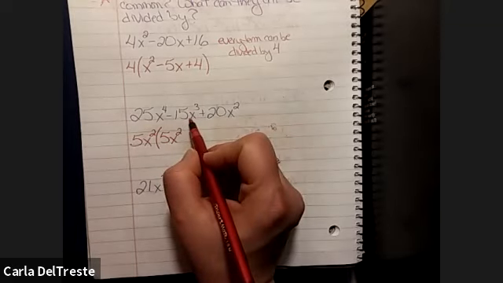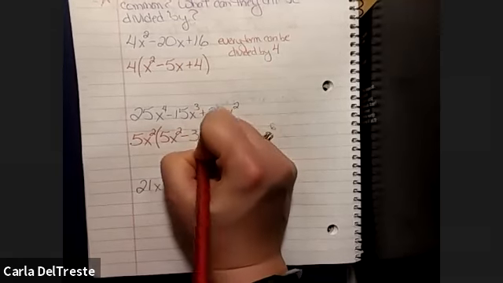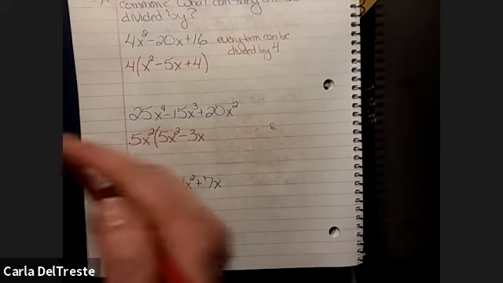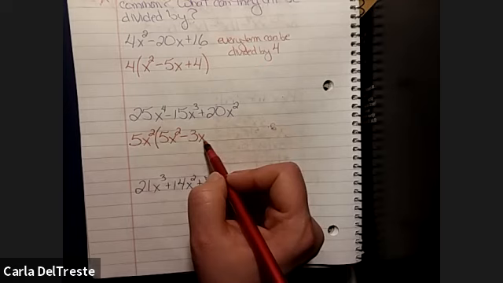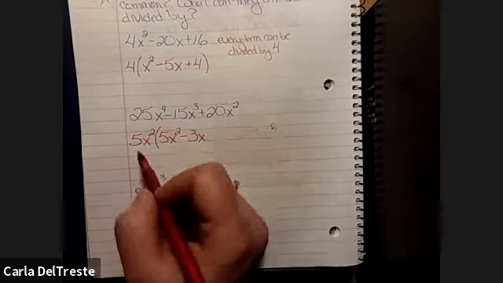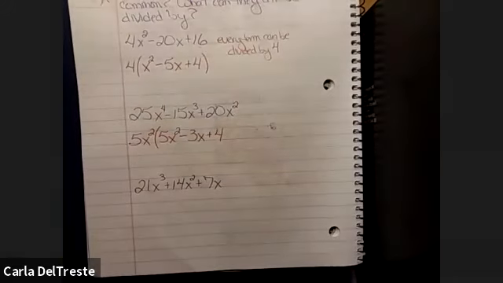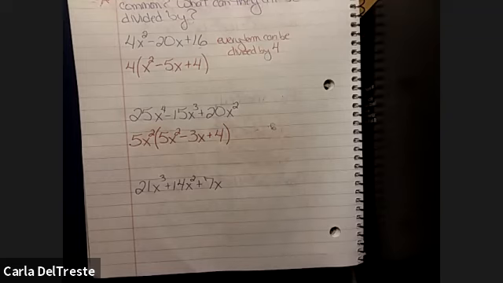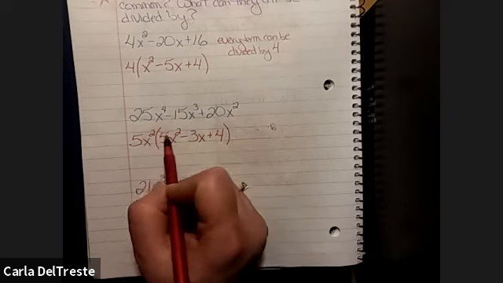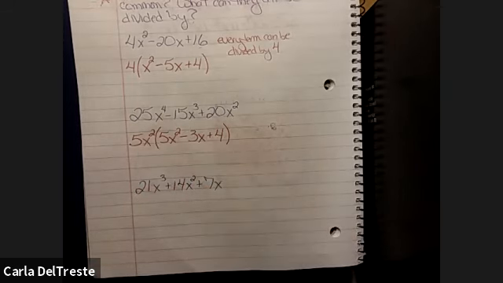If I divide -15x to the 3rd by 5x squared, I get -3, and then just x, because if I take x to the 3rd and I divide by x squared, there's only 1 x left. And if I divide 20x squared by 5x squared, all I have left is a +4 because the x squareds divide away. And that would be what's left in the parentheses. Again, I could easily check by redistributing this and making sure that I get the original polynomial back.